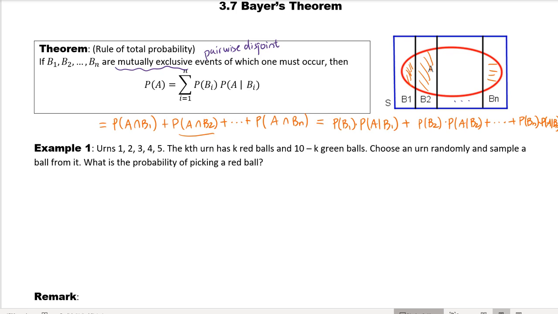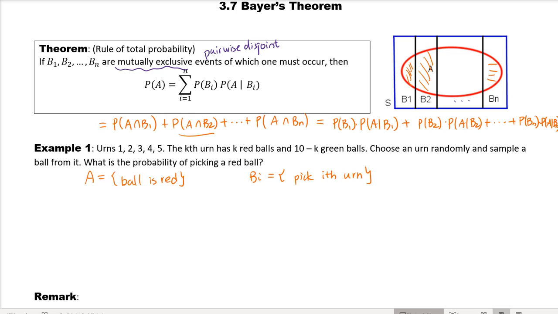What is the probability of picking a red ball? Okay, let's see. Let's define the events. Let A be the event that the ball we pick is red, and let Bi be the event that we pick the ith urn.